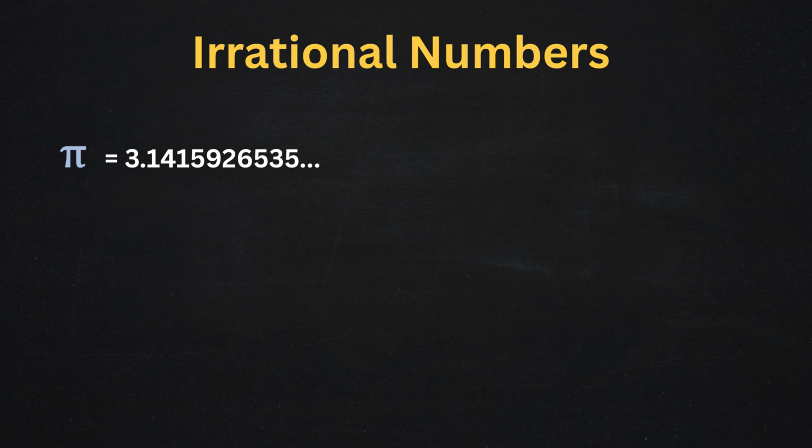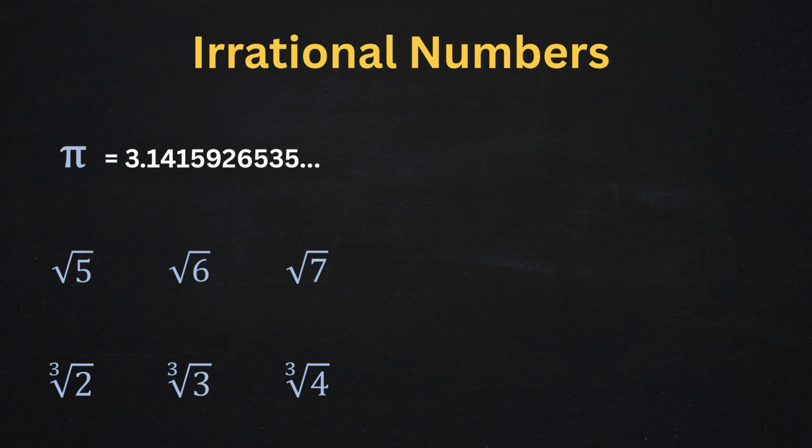The second is a square root whose value is not exact. By this I mean you require a calculator to calculate its value and its value has never ending decimal places. Consider under root 5 or under root 6 or under root 7. All are irrational numbers. Similarly, cube roots whose values have many decimal places, like cube root of 2, cube root of 3 and cube root of 4.